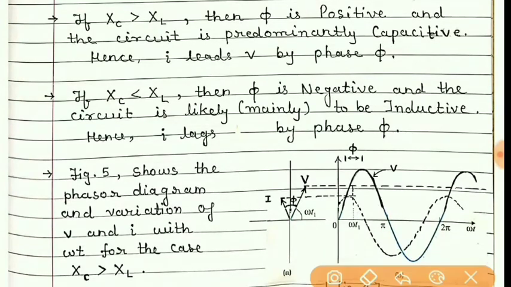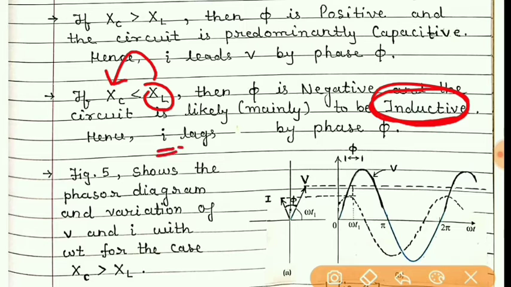And so in such a case, as XL is greater than XC, the circuit will be mainly inductive. It will behave as an inductive circuit, and we know that in an inductive circuit current I lags the voltage by phase phi. Here it is V.